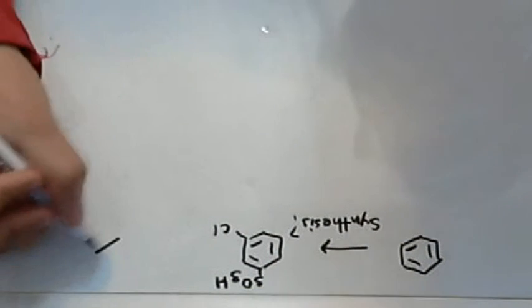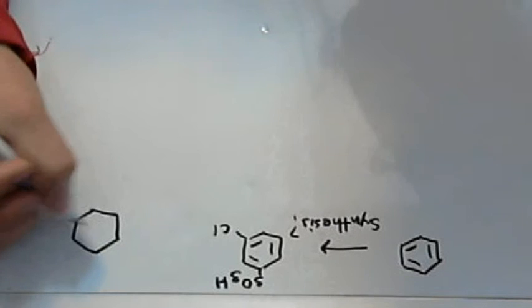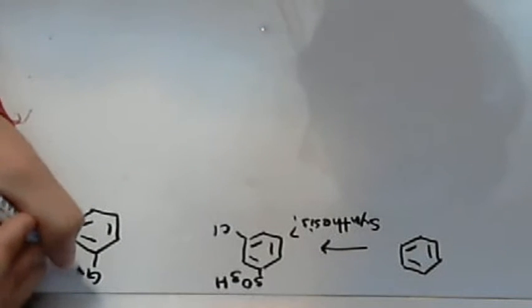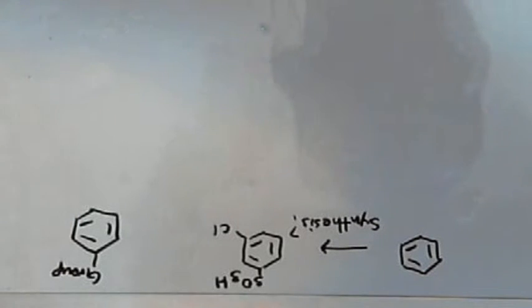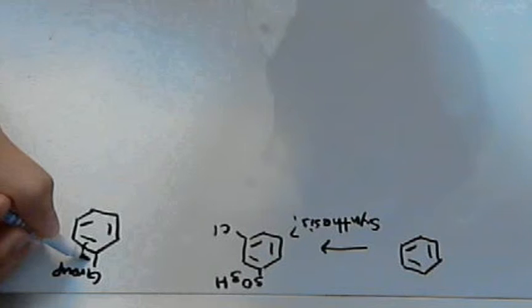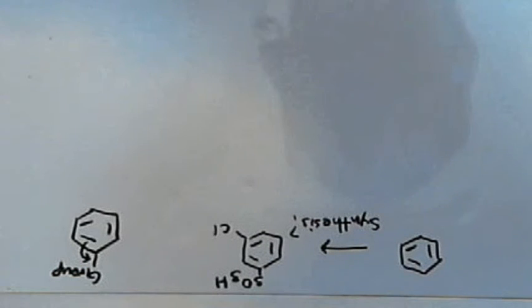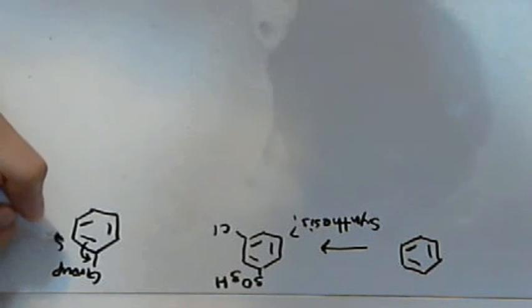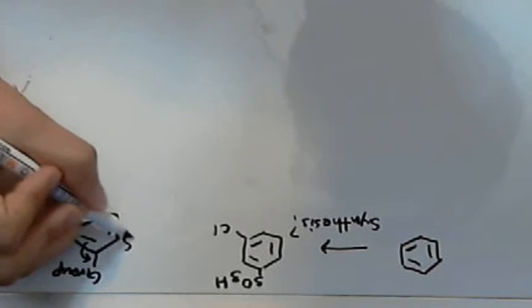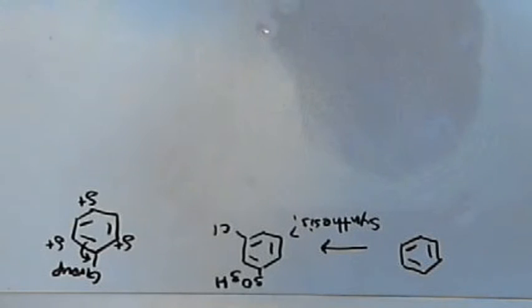Because if we have a benzene ring and we have this group, I'll just put a group here, right? And if it withdraws electrons through the pi system, we're going to have a partial positive charge here, here, and here through resonance, right?